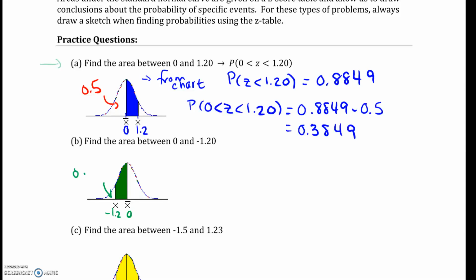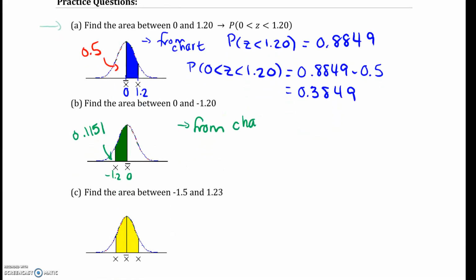So 0.1151 is the probability that z is less than negative 1.20.